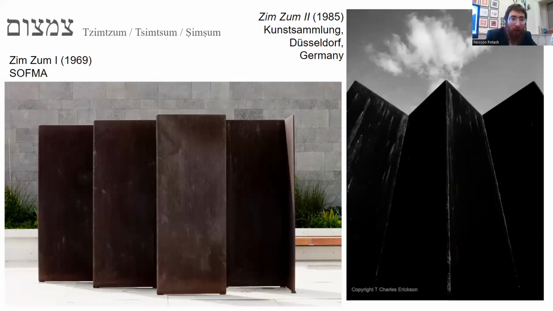There we go. There's a sculpture, Tzimtzum 1 at SFMOMA. Unfortunately, it's now no longer on display. It was on display till August, but it is part of their permanent collection. So maybe at some point it will be reinstalled.